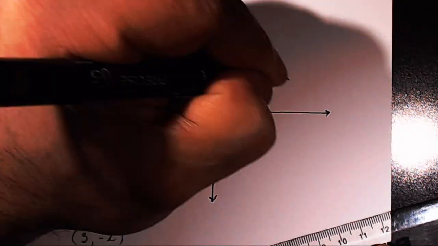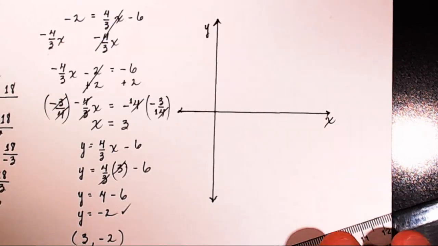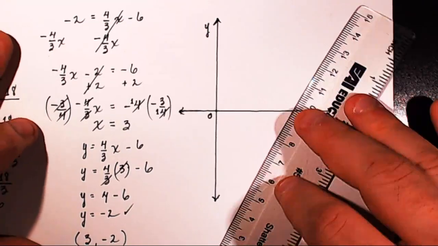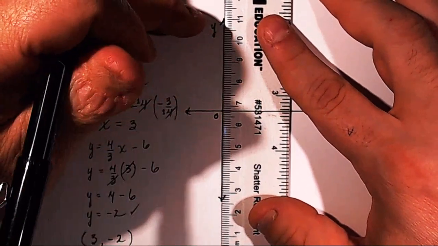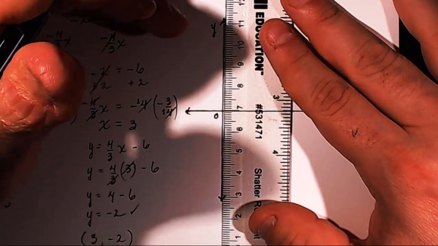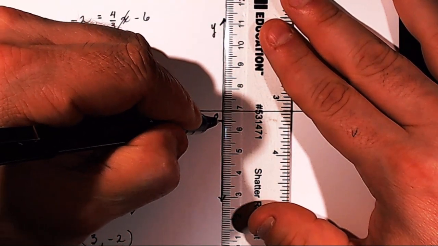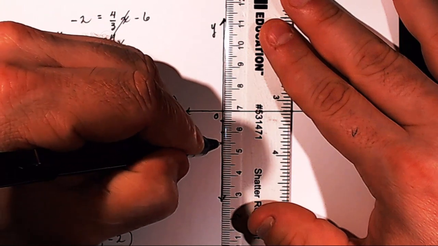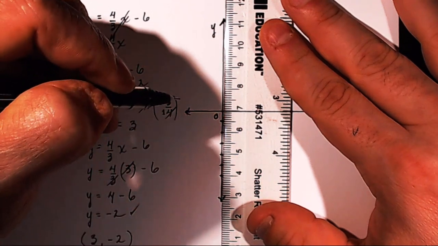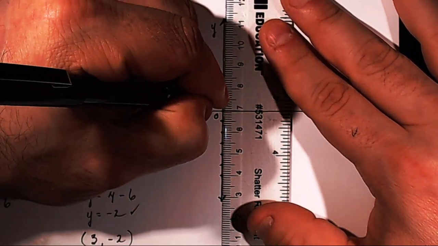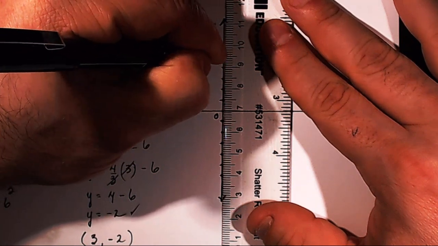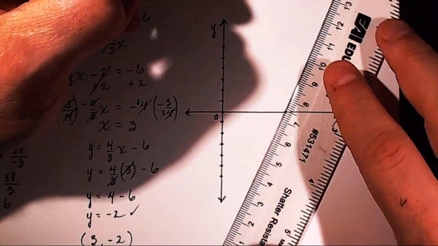Okay, so we'll label this axis y, and this axis we'll label x. We'll put a 0 here at the origin. And then I need to use my ruler to create some little hash marks. -1, -2, -3, -4, -5, -6. Okay, and that means this is 1, 2, 3, 4, 5, 6.